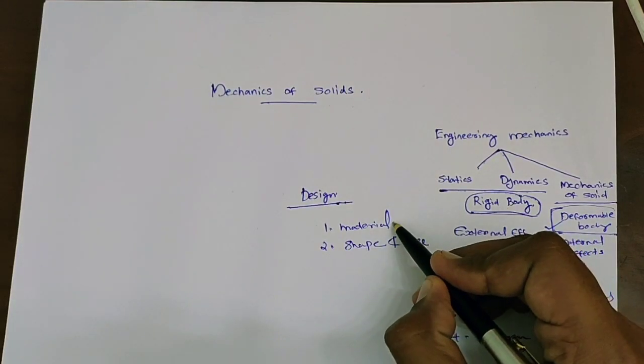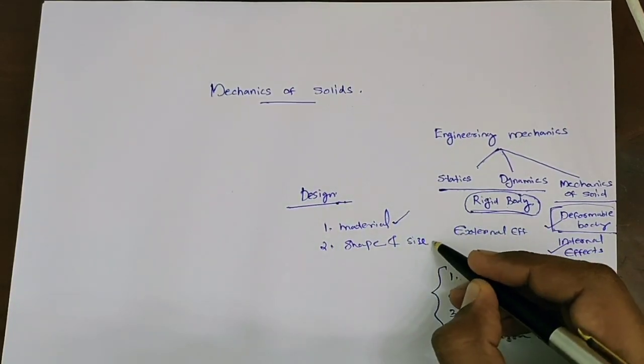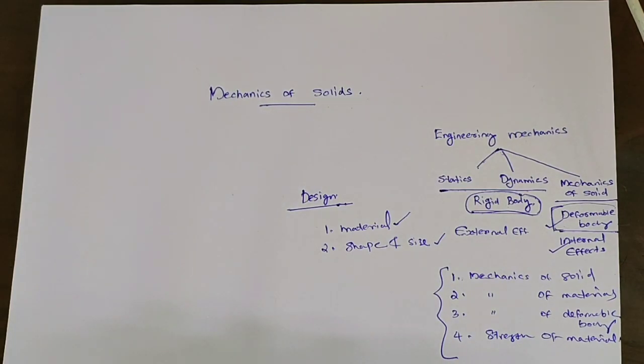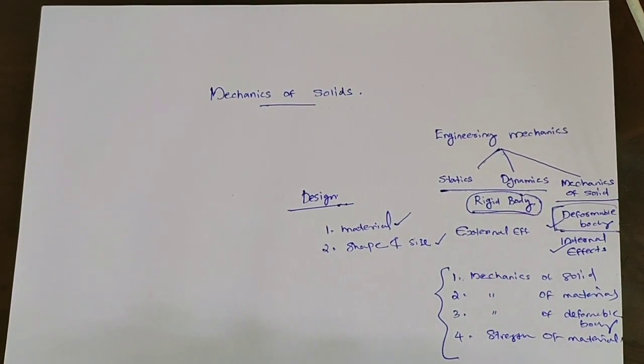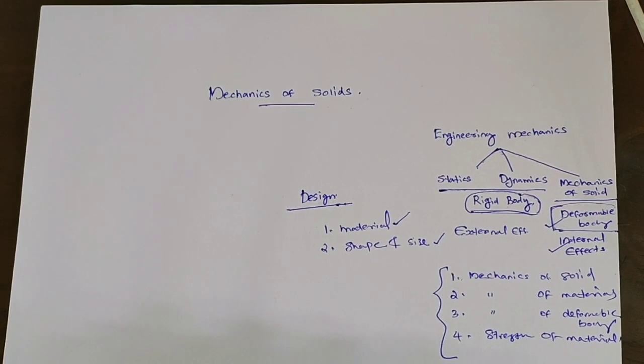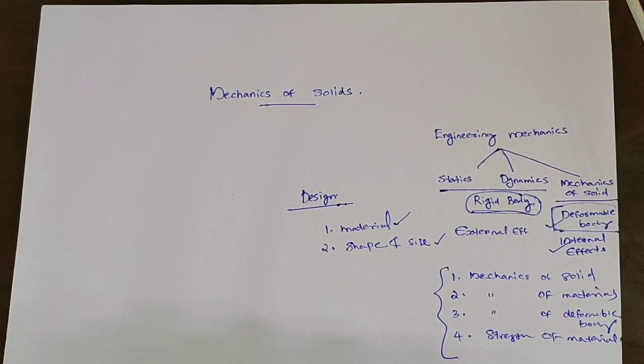That is the design process. And the material with a particular shape and size should hold a particular load while carrying out the intended functions. That is design. To ensure the safety of any structural members, it is very essential to make them safe and stable under loads exerted on them during any expected use.